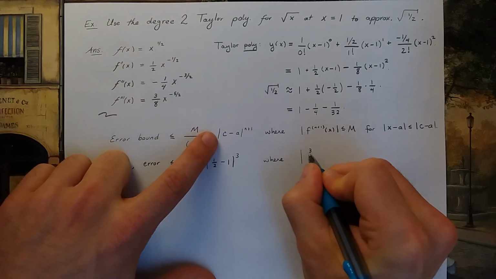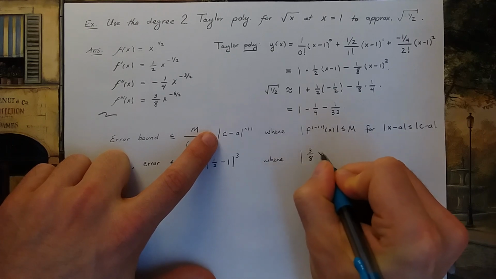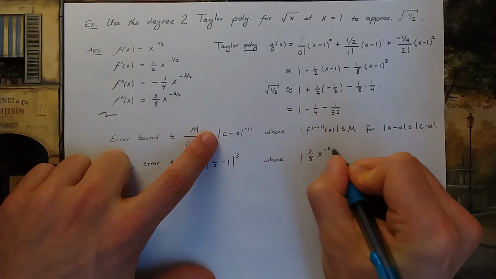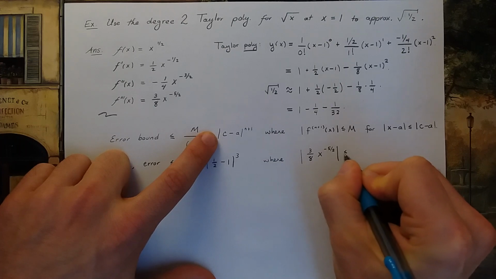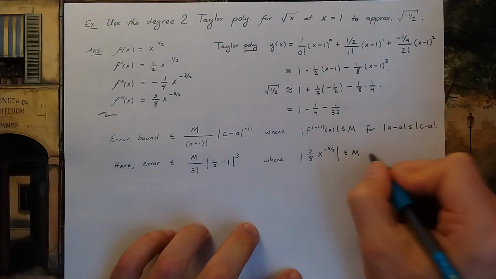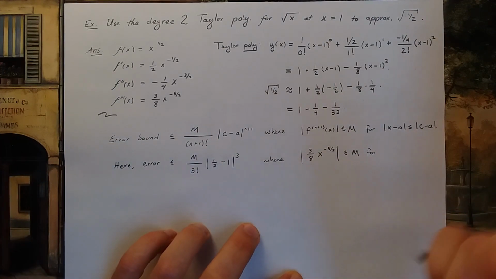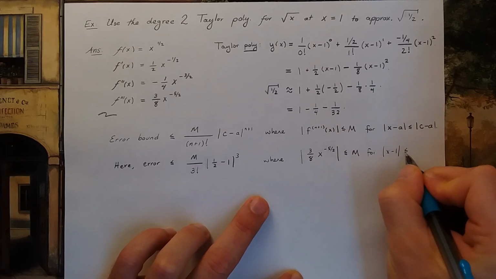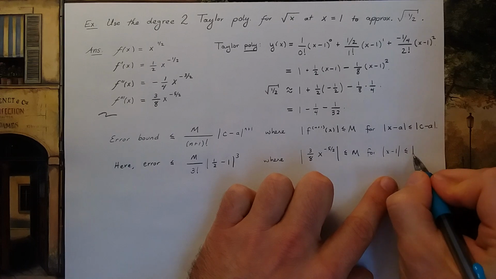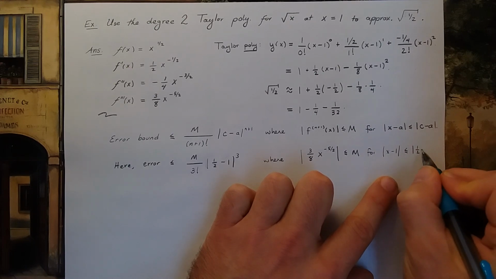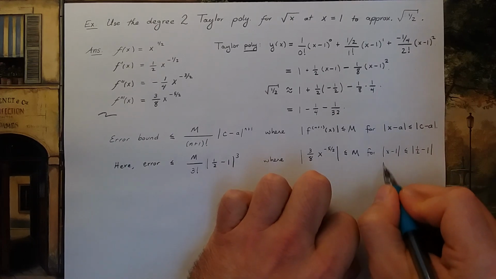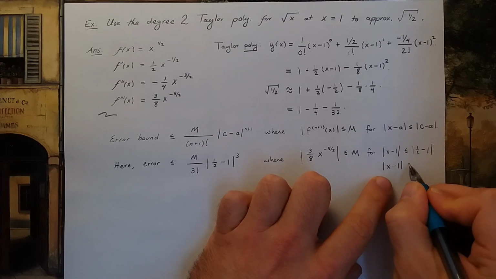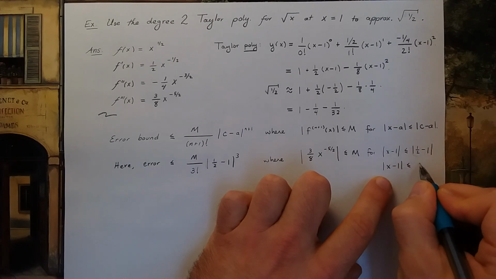So 3/8 x to the negative 5/2 has to be less than or equal to M for values of x that satisfy the absolute value of x minus 1 has to be less than or equal to the absolute value of 1/2 minus 1. So x minus 1 has to be less than or equal to 1/2.